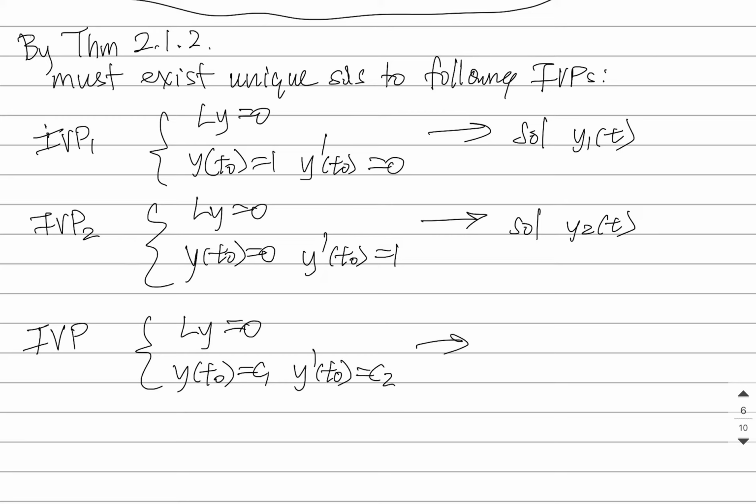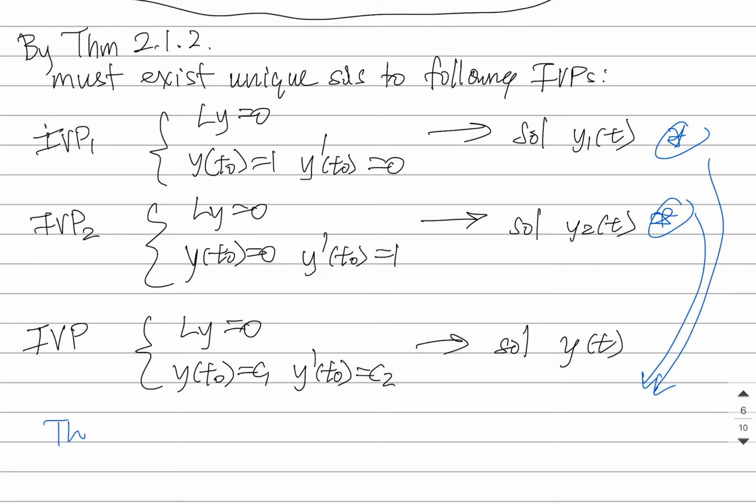And we'll call this solution y of t. This and this initial value problem will guarantee a linearly independent set must exist.